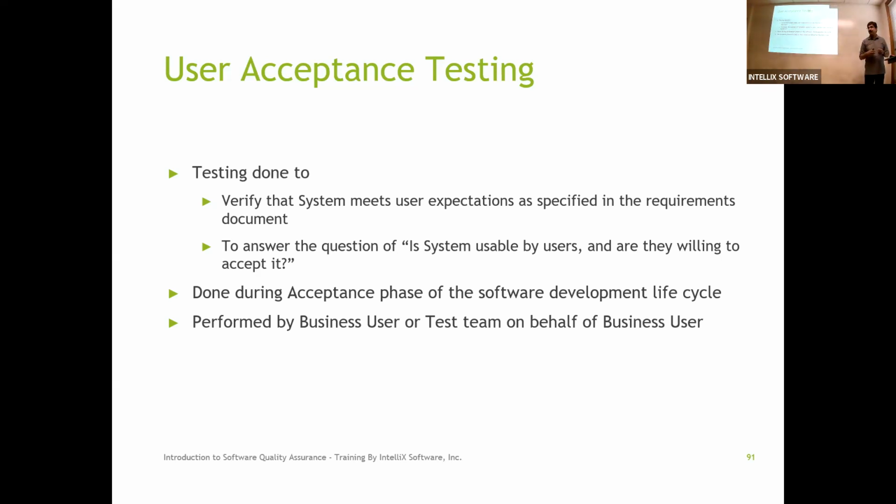So the quality assurance or testing team performs this testing a lot of times on behalf of the users. There will be scenarios where users will be involved, but a lot of times they may ask you to do it. So this is performed by you or the business users, and that's what happens.